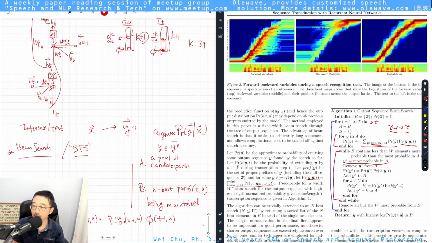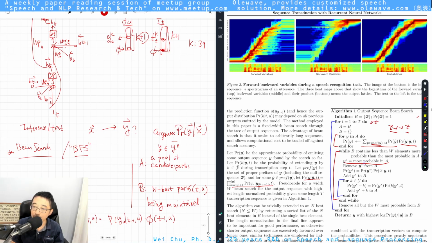Then the next thing is you start this loop. Let me use another pen. Remember in the BFS, when you remove one node from the stack, you need to expand the possible candidates from this removed node. Okay, this is exactly what Dr. Graves was doing here.